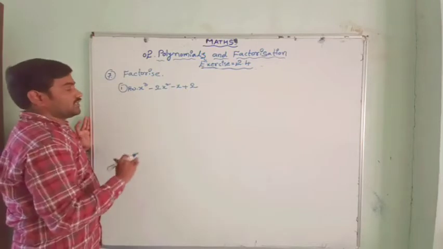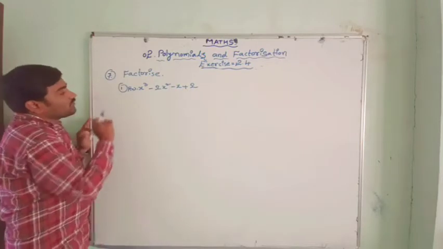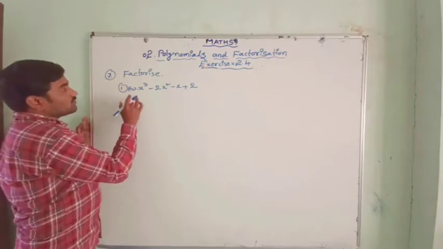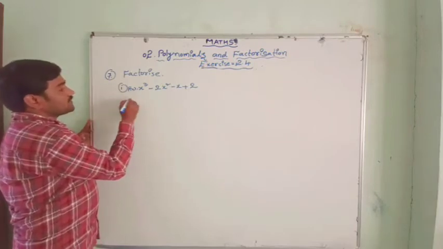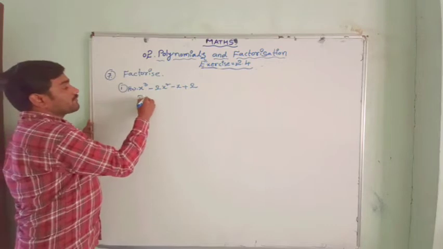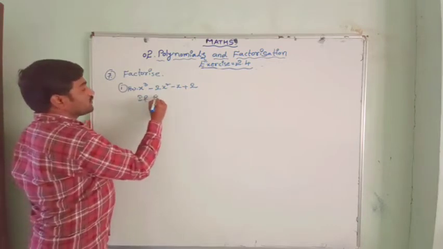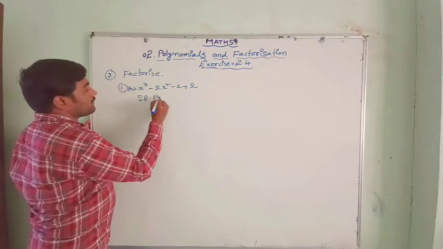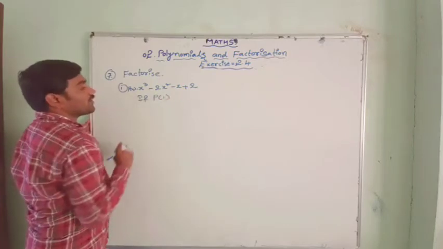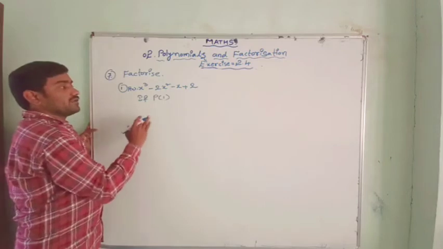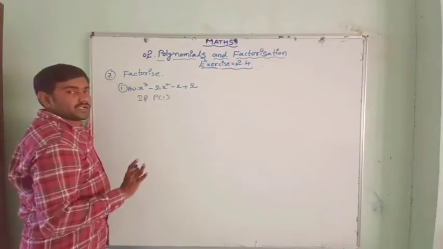Both we have to check. Let us check once. If p of 1, if you substitute, what do you get? Is p of 1 equal to 0 or not, let us see.